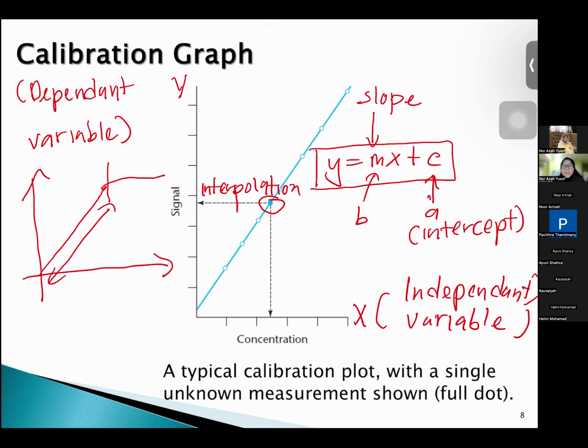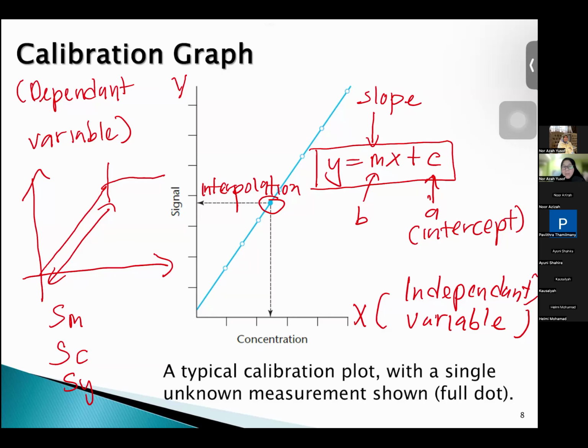So after that, this is the simplest one. And then comes the complicated calculation where you start to have to calculate the standard deviation for the slope, standard deviation for the intercept, and also standard deviation for the y, because y is dependent variable.